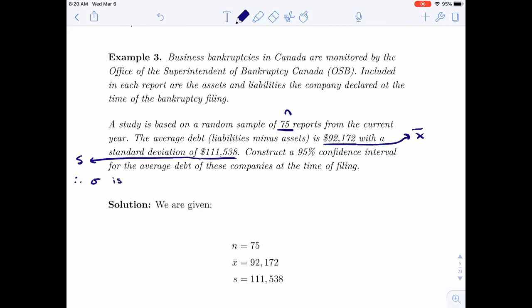Therefore, sigma is unknown, because we're just given the sample standard deviation. Of course, because we're working in the sigma unknown section, it's obvious. But on the test, when you've got choices between sigma known and sigma unknown, that's where it gets a little difficult.